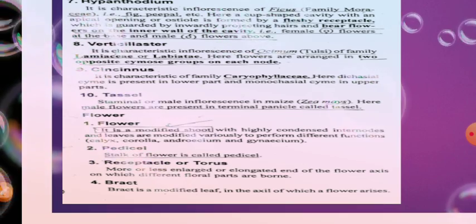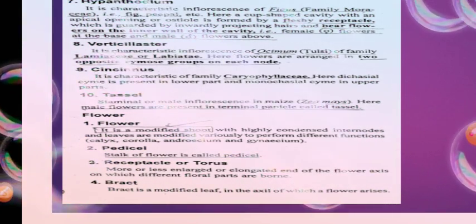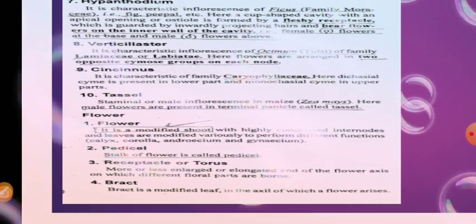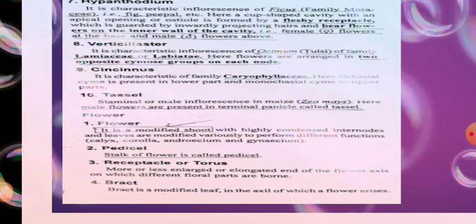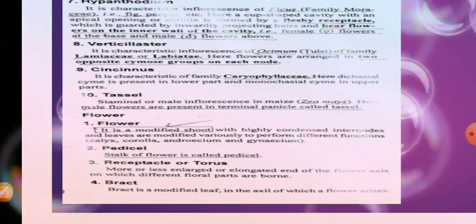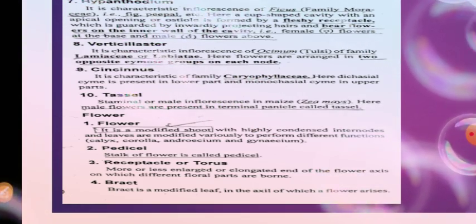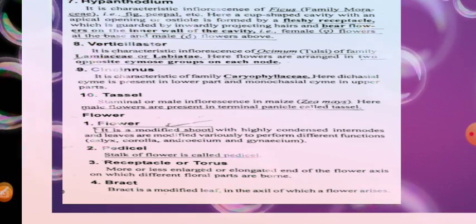It is a modified shoot with highly condensed internodes, and the leaves are modified to perform different functions, arising as the calyx, corolla, androecium and gynoecium.